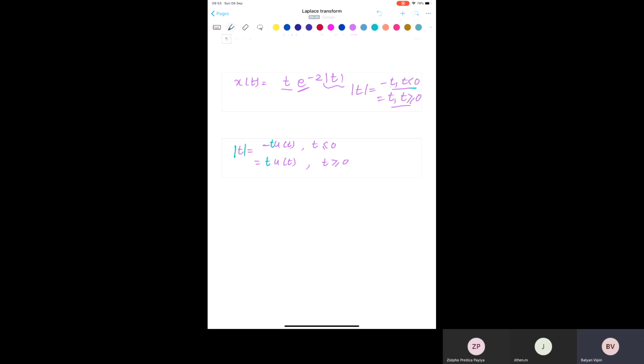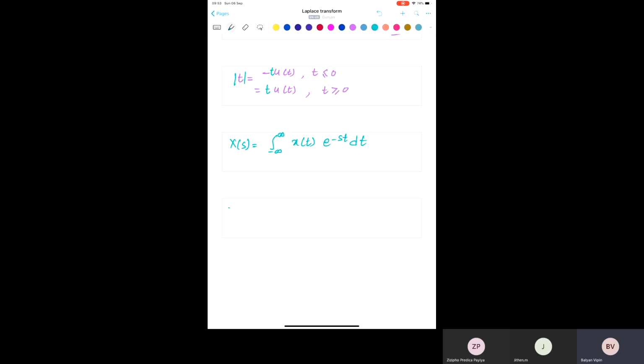Now, if you need to find the Laplace transform of this, then X of s is basically equal to, write the formula first, this. You see it's from minus infinity to infinity, and in this question we have two ranges, t less than 0 and t greater than 0.